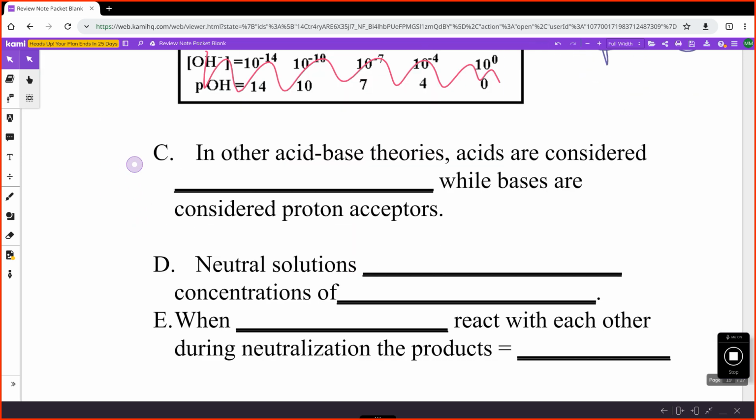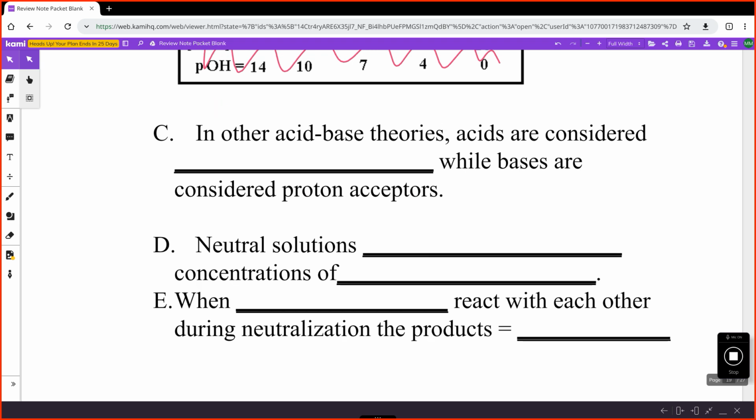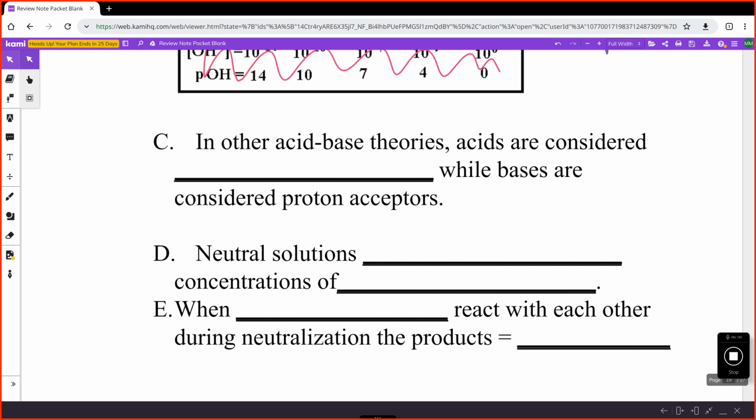As we continue on, there are other theories. That's actually what they are called. The other theories of acids and bases. It's actually called Bronsted and Lowry. They were 2 scientists that expanded on the original theory, but we don't refer to them as that at this level.